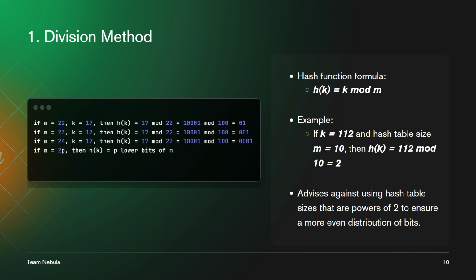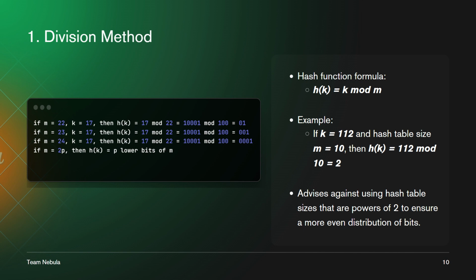Division method. If k is a key and m is the size of the hash table, the hash function h(k) is calculated as h(k) equals k mod m. For example, if the size of a hash table is 10 and k equals 112, then h(k) is equal to 112 mod 10, resulting in a final value of 2.